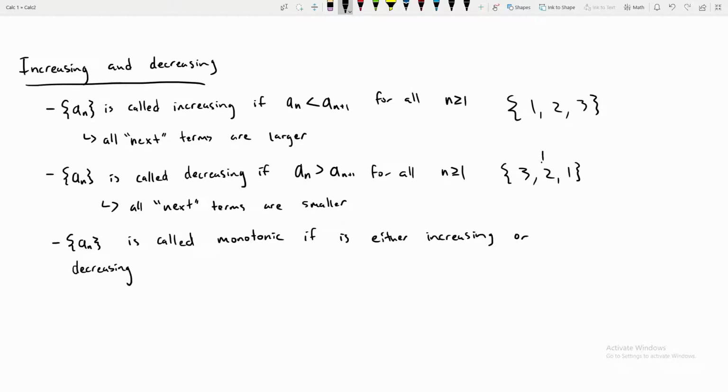If we're on the value 2, well, 1 right here is less than 2, therefore the entire sequence is going to be decreasing. And lastly, we call a sequence monotonic if it's either increasing or decreasing. So either one of the two, we say that the sequence is monotonic.